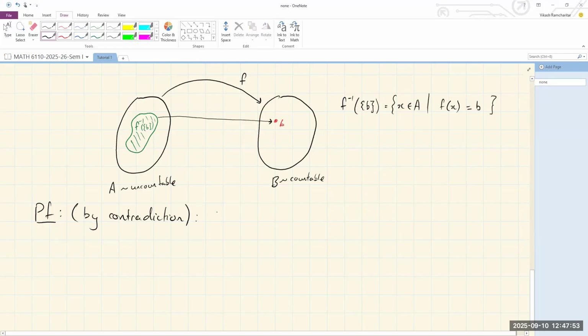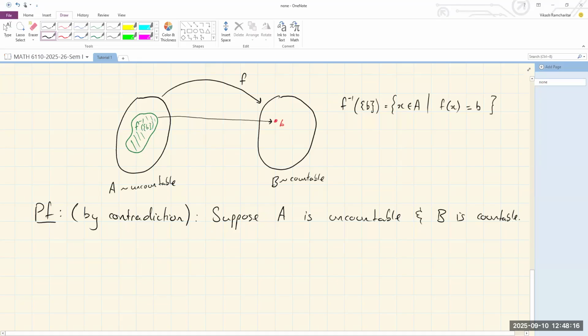We could start the proof by saying suppose A is uncountable and B is countable. It's a proof by contradiction.